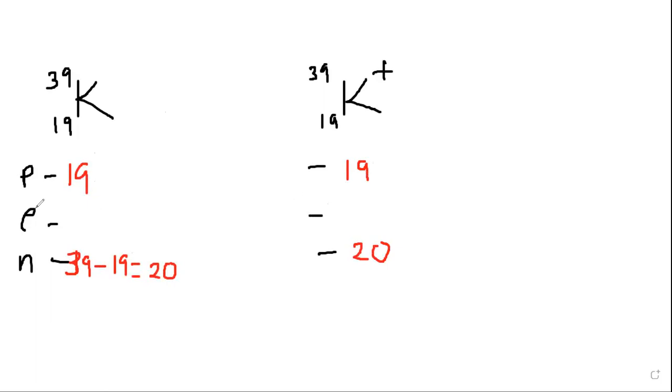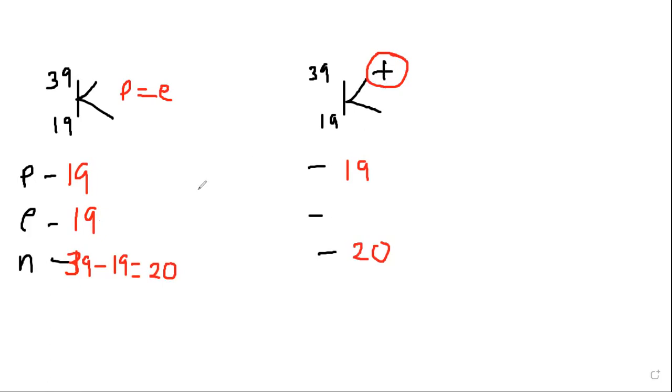But what is going to change is the number of electrons. Remember, in an atom we said the P is equal to the E, so this will be 19. But here in an ion, we will be guided by the charge. What is the charge telling you, or what is the valence number of this one? The valence number is 1.